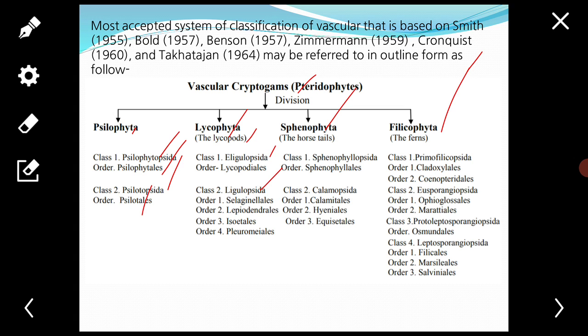The first class, Eligulopsida, contains a single order named Lycopodiales, and class 2, Ligulopsida, possesses four orders. Order 1, that is Selaginellales, order 2 Lepidodendrales, order 3 Isoetales, order 4 Pleuromeiales.